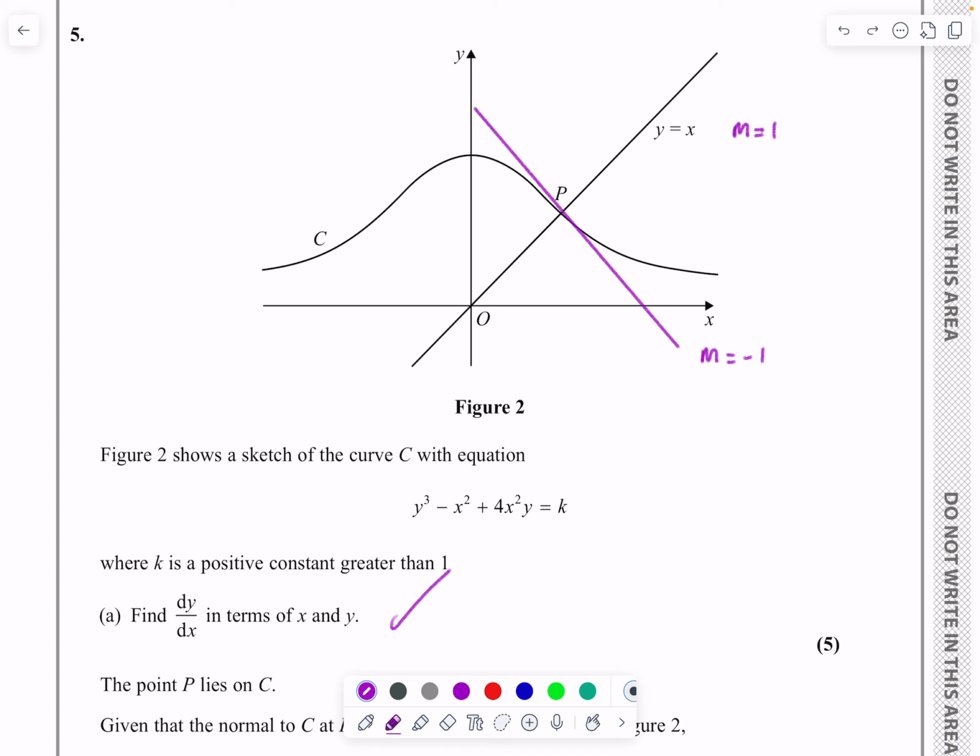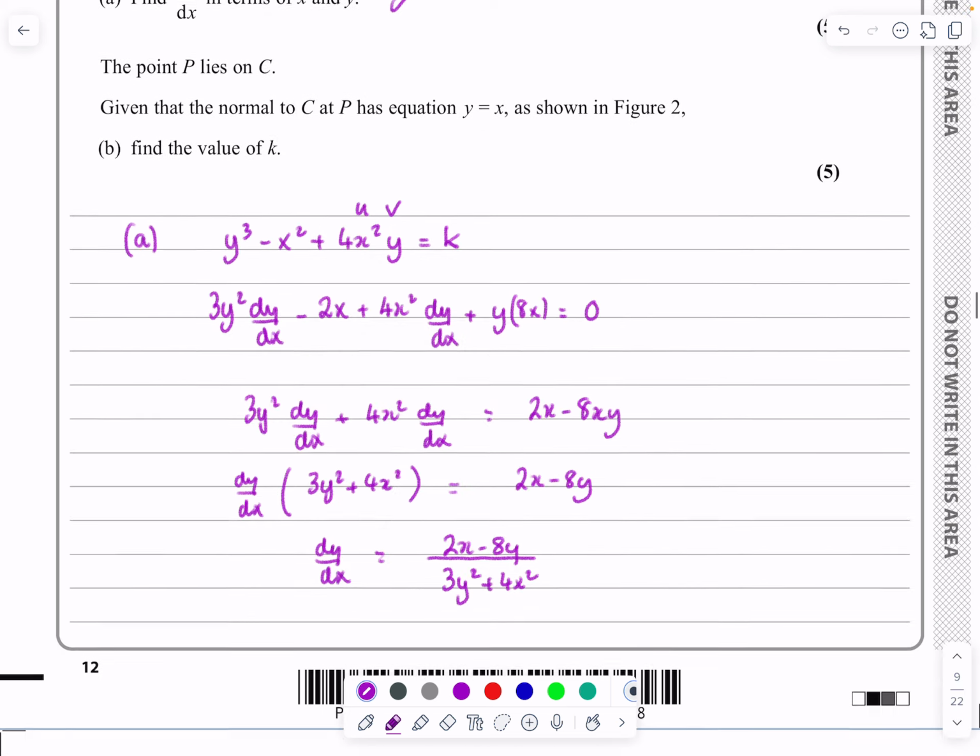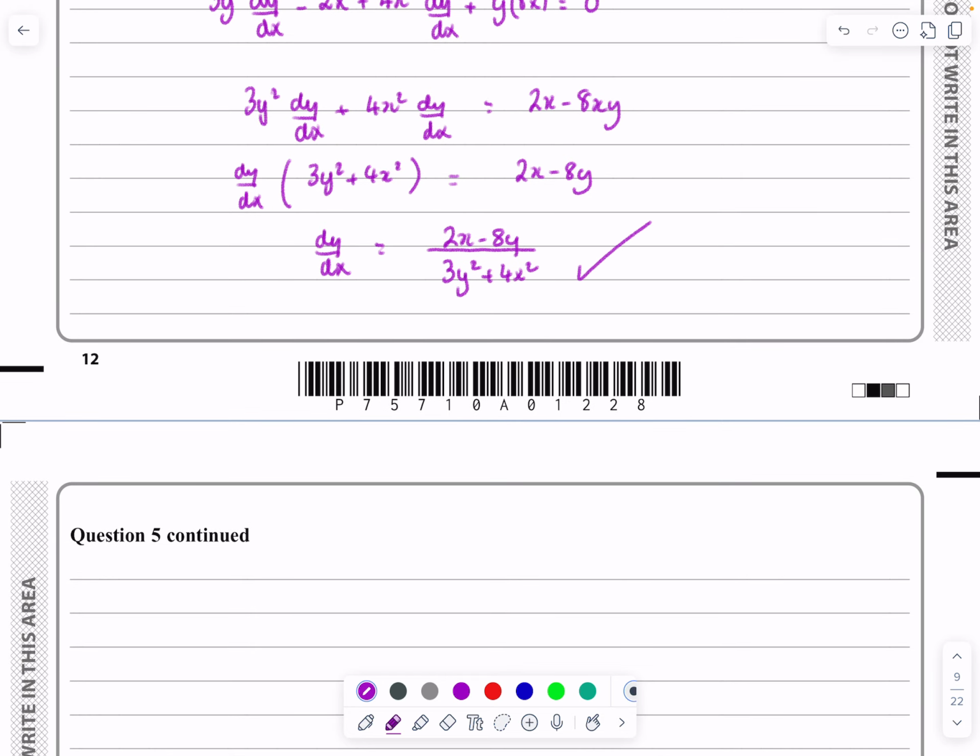So that means I know that the gradient of the tangent, that dy by dx at P, is equal to minus 1. So what I've really got to do now is work out what point P is. Well, if it's when the gradient is equal to minus 1 there, that's how I'm going to work it out. I've got my function here, so I can say that's going to be equal to minus 1.